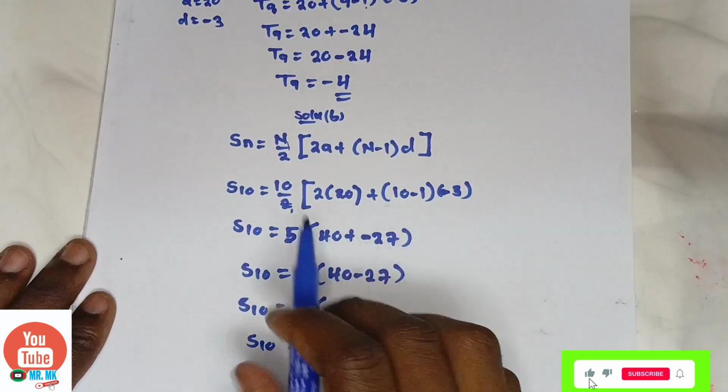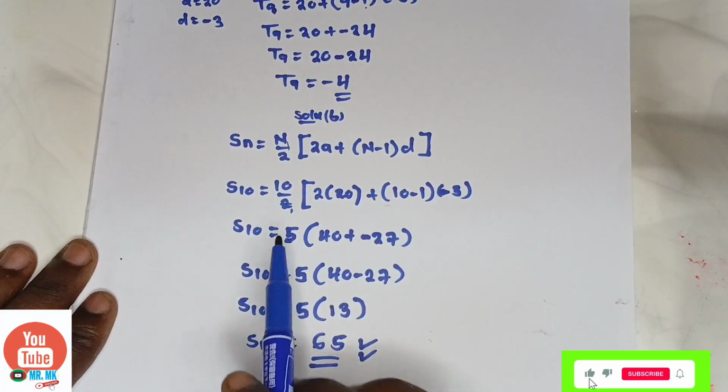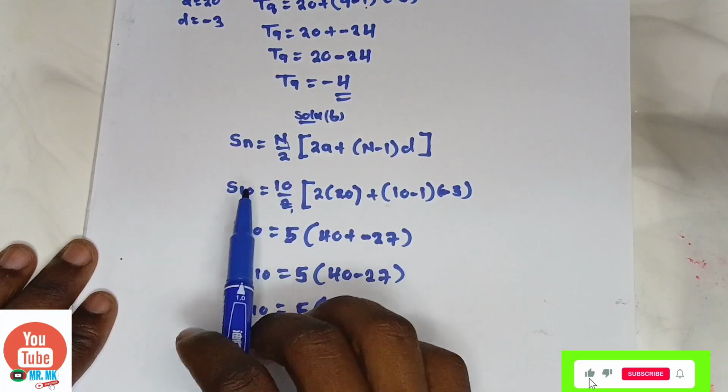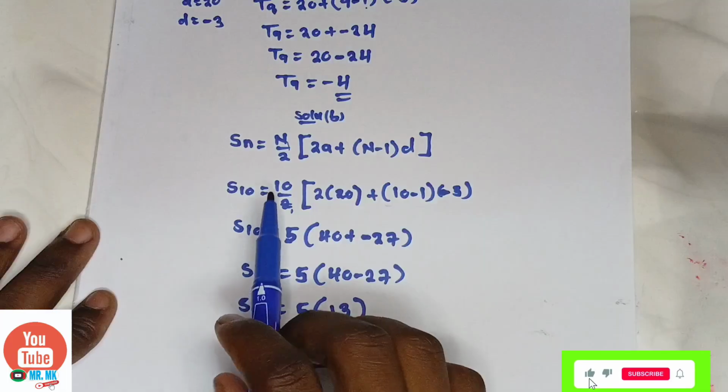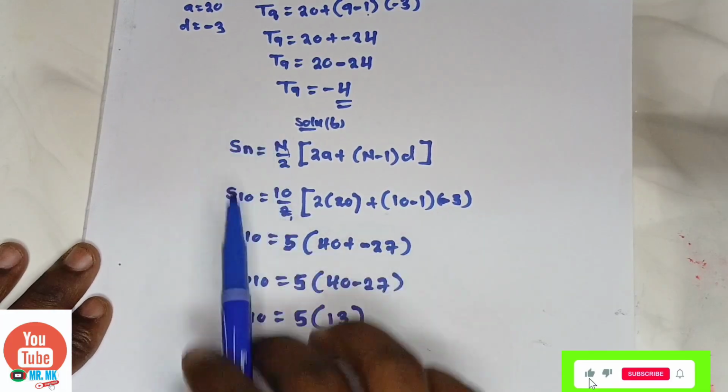So how do you find the sum of the 10 terms using this formula? The number of terms here is 10.